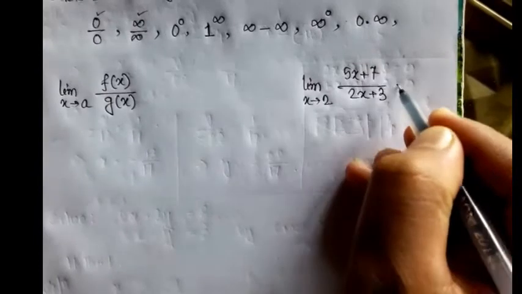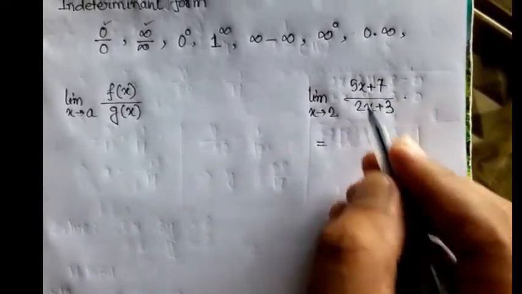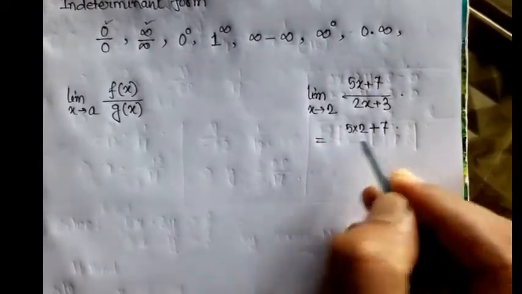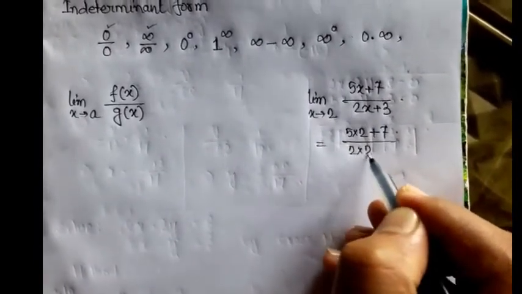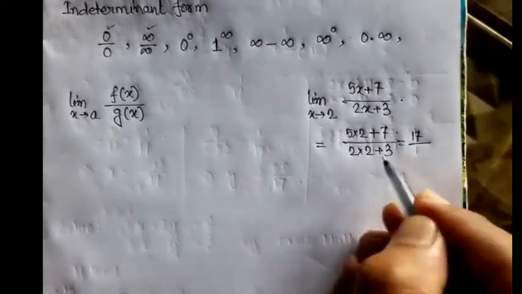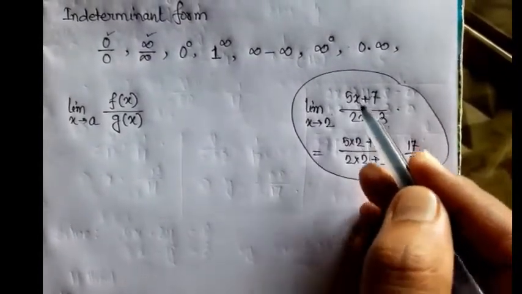Directly you will put x equals 2. Then 5 into 2 plus 7 by 2 into 2 plus 3, that means 10 plus 7, 17 by 4 plus 3, 7. So this is the limit value. See, here we put x equals 2 directly.